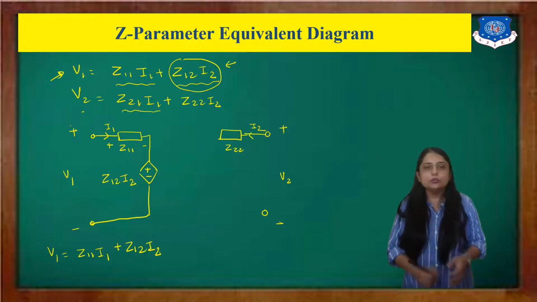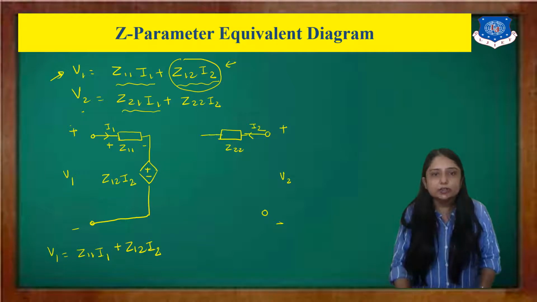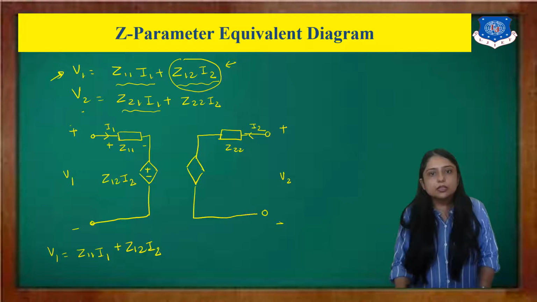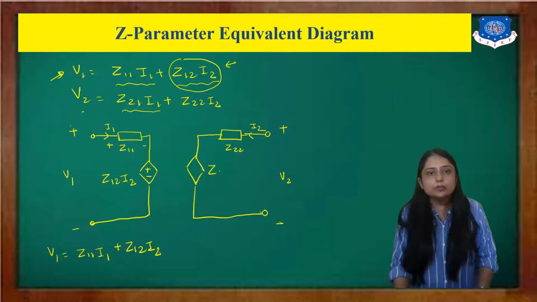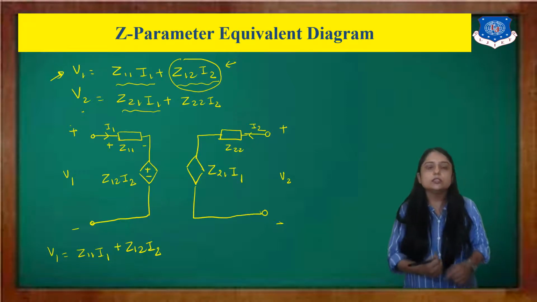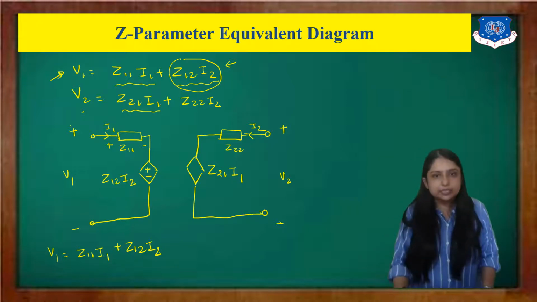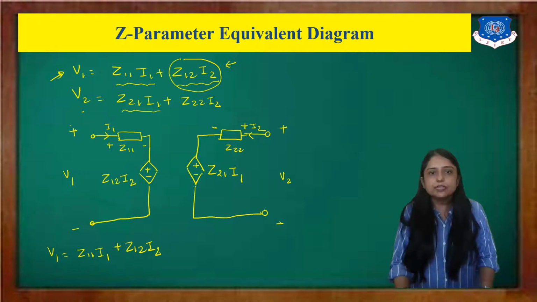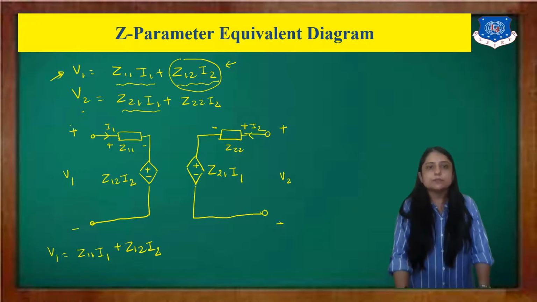So just like in equation 1, we will make this a dependent source. And the value of this source will become Z21 into I1. And I2 is passing in this direction, so this end is plus, this end is minus. So here we will write plus minus, then I can add these two voltages.